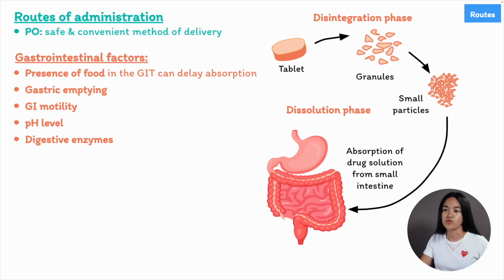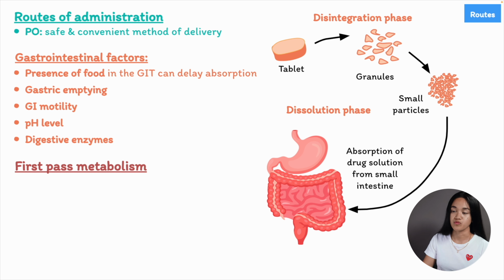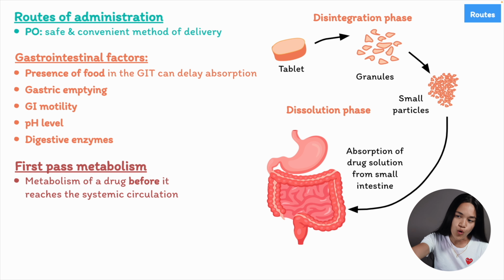And finally, there will be absorption through the walls, primarily in the intestine. Okay? And if you remember from the previous lecture, we introduced first pass metabolism, which is metabolism of a drug before it reaches the systemic circulation, before it reaches the bloodstream. And it mainly involves liver enzymes. First pass metabolism occurs for the oral administration route.